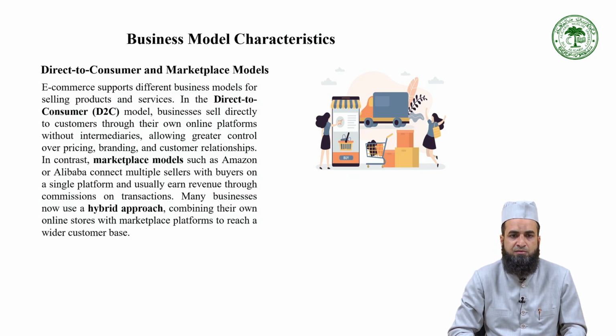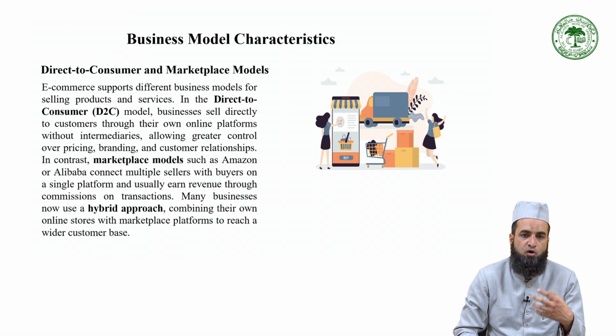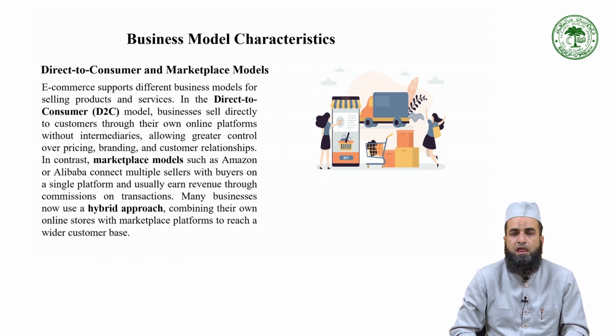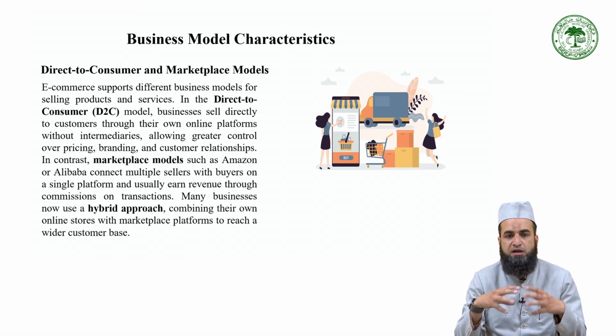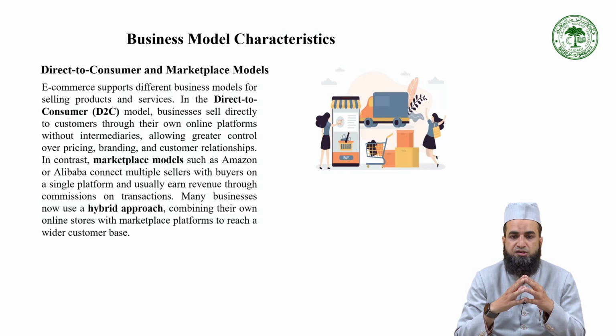Marketplace models such as Amazon Marketplace or Alibaba connect multiple sellers with customers, taking a commission on each transaction. The marketplace model benefits from network effects but requires curation and quality control to maintain platform credibility.